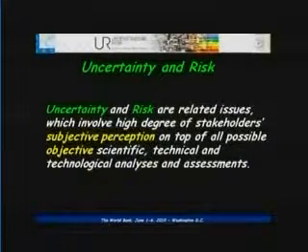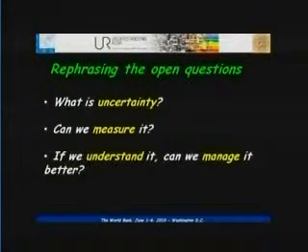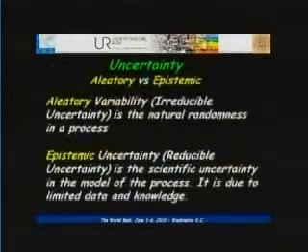They're both a combination of the subjective perception of the decision makers and objective scientific technological analysis and assessment. So I would like to rephrase the questions and say, what is uncertainty? Can we measure it? If we understand it, can we manage it better?